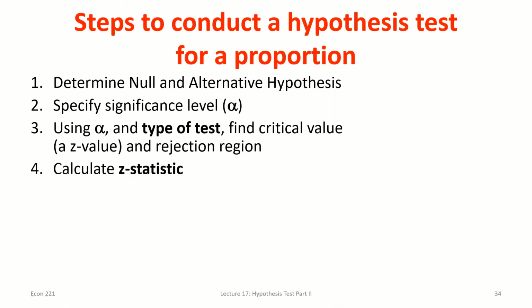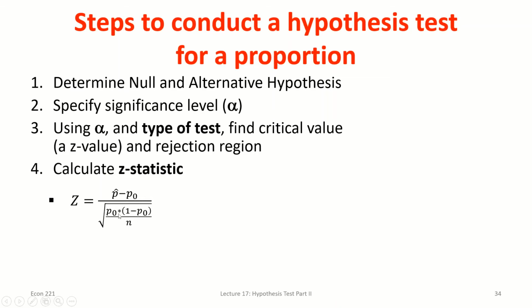But once I have that region, I then calculate my test statistic. Now here it's a little bit different because I'm combining the critical value approach, but also we've switched from population means to population proportions. So what changes? Well, just like before, it's the same equation we're using for our test statistic. It's just that now I don't know the population proportion, so I have to use this assumed true proportion.